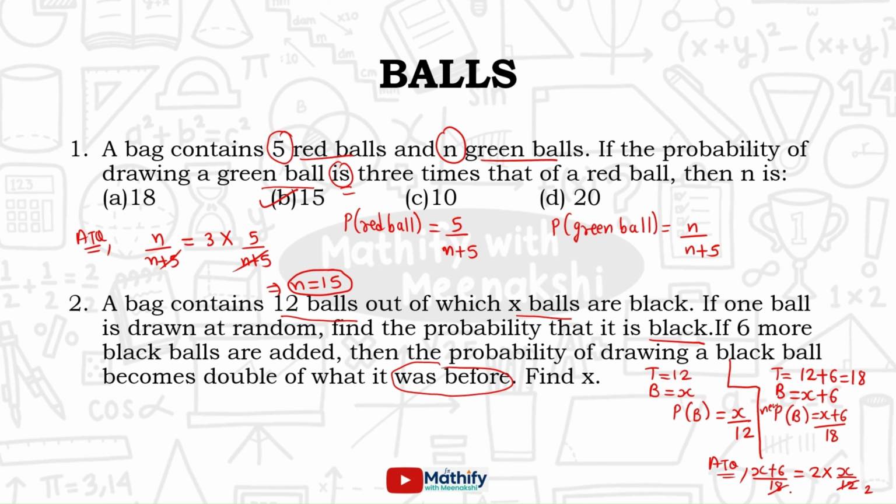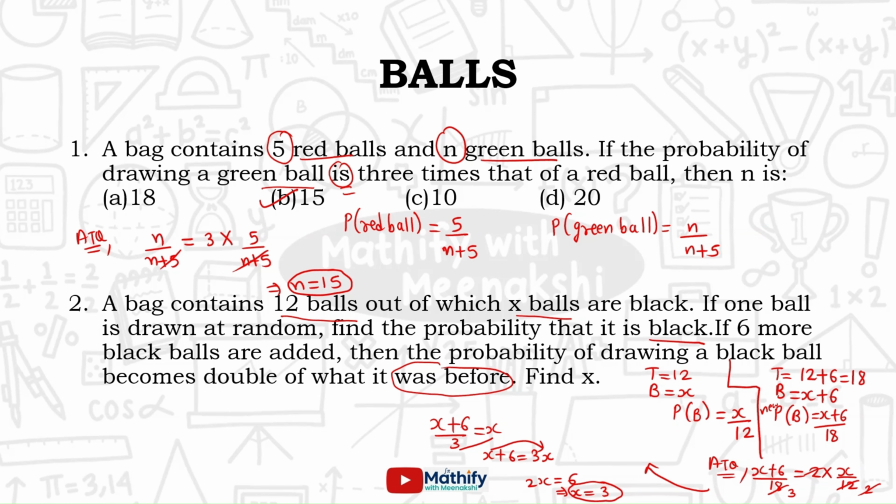That is, it's 2 and it's 3. Then you can cancel 2 and 2. So you are left with x plus 6 by 3 is equal to x. If you transpose this, you'll get x plus 6 is equal to 3x. And if you transpose x to that side, you will get 2x is equal to 6. This implies your x is 3. This is your final answer.